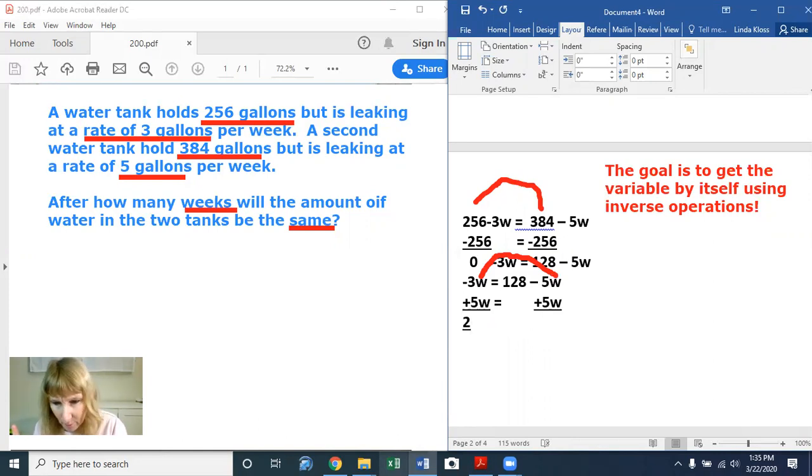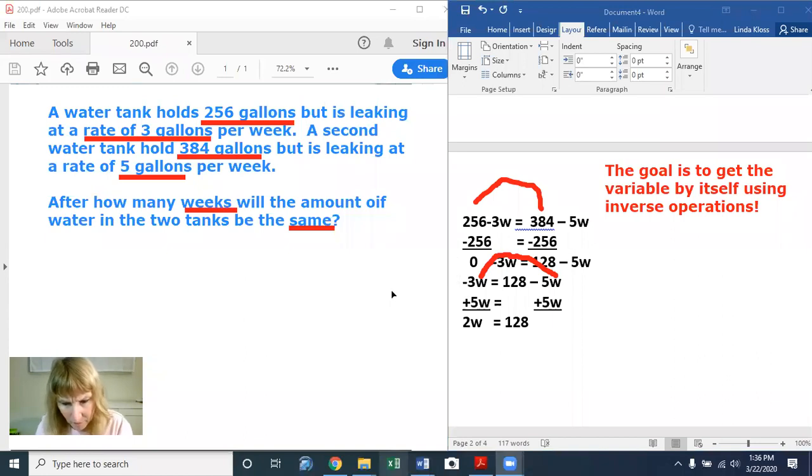2w. I heard it somewhere out there in Cyberland. 2w. Yay. Okay. 2w equals, we still have the 128, but over here, if I was to say we have a negative 5w and a positive 5w, won't that come out to 0w? Yes.